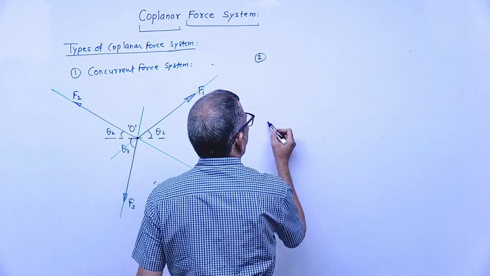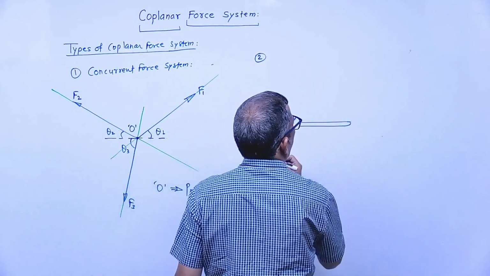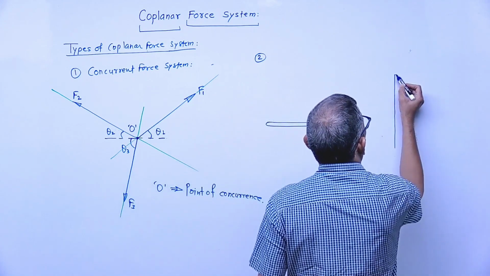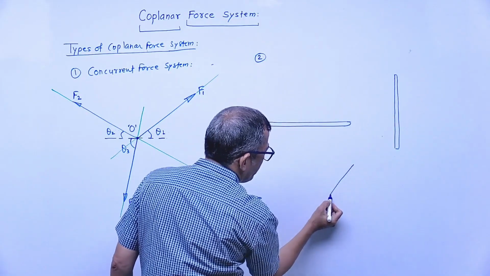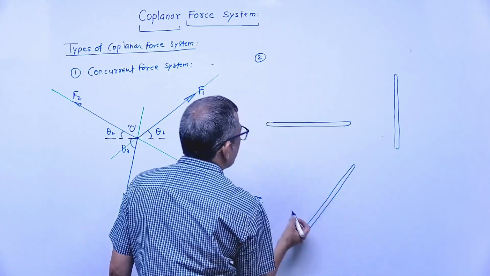Now see here. Suppose this one is a rod, horizontal. There is one rod, you can see here, vertical. And one rod I will represent as inclined. Okay, I represented three rods.